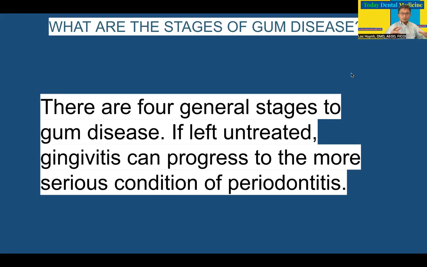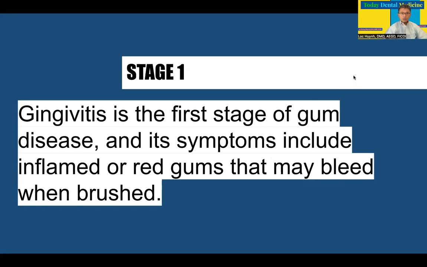Stage number 1 is gingivitis, the first stage of gum disease. Its symptoms include inflamed, red gums that may bleed when you brush or when you floss. And you might have bad breath as well.